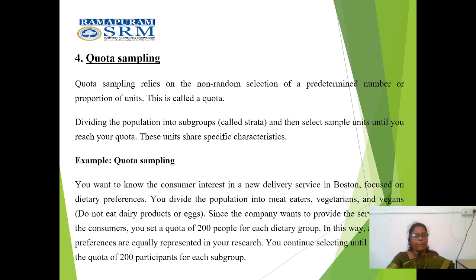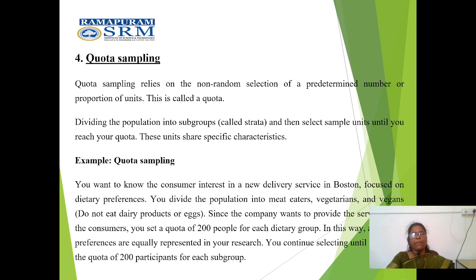Example for quota sampling. You want to know the consumer interest in a new delivery service in Boston, focused on dietary preferences. You divide the population into meat eaters, vegetarians, and vegans.